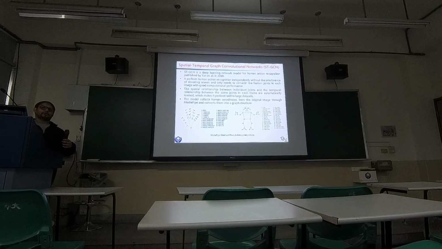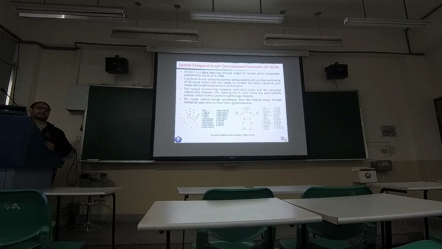We see that the human body is a skeleton, and we name every joint with some numbers. So every joint, you can see, like fingers, you can take a head or the body, the legs. Everyone has numbers, and we make the human body a skeleton.